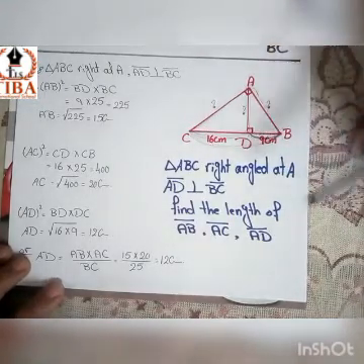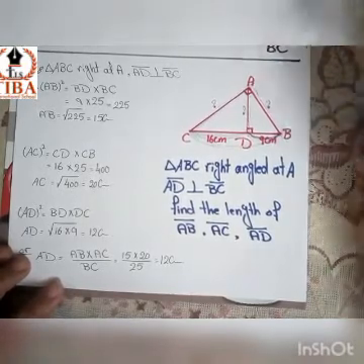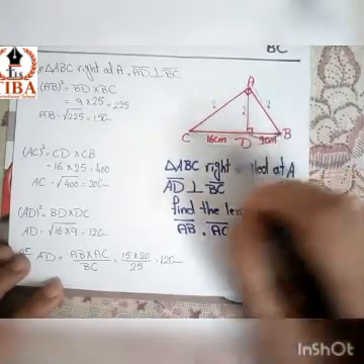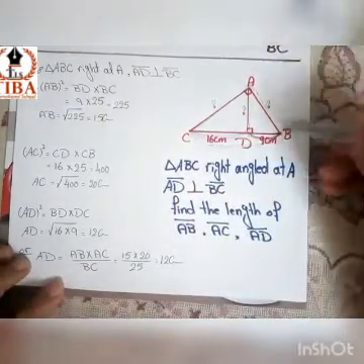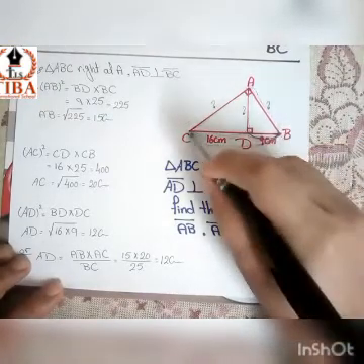From the Euclidean theorem, AB power 2 equals BD times BC, this part BD times all the hypotenuse BC.